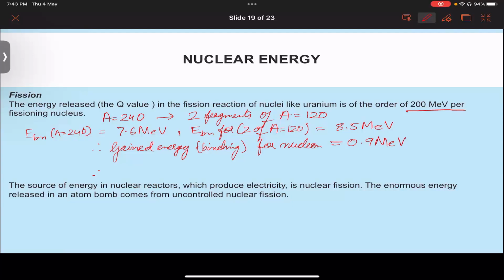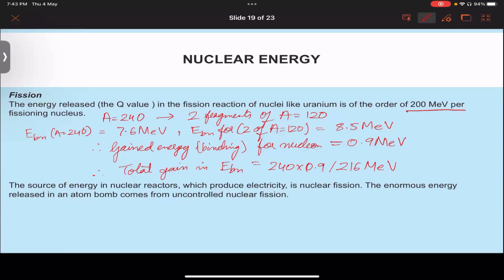Therefore, the total gain in EBN, the binding energy, is going to be 240 into 0.9, or 216 MeV. So this is how we get the energy.